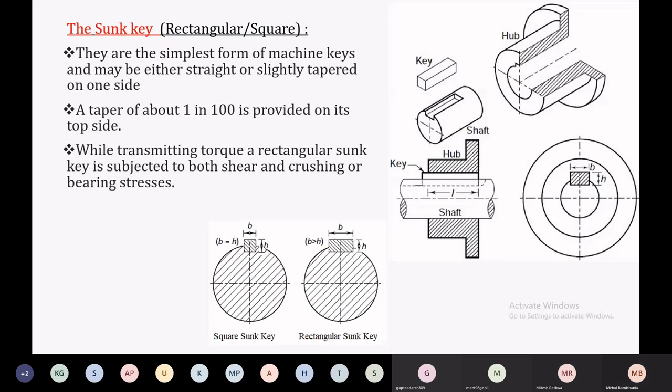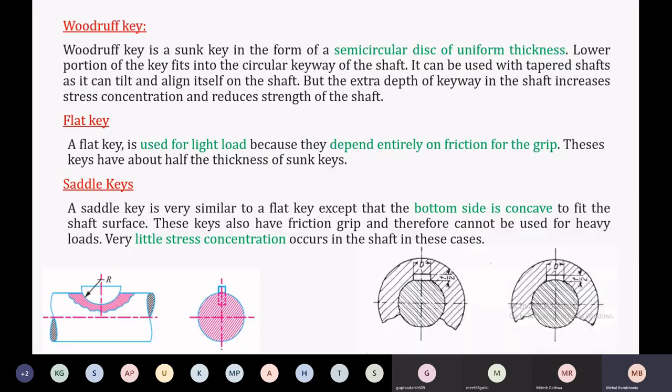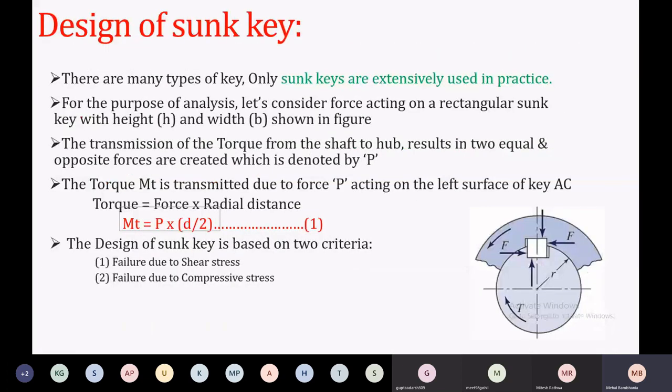So let's stick with our topic of the sunk key only.